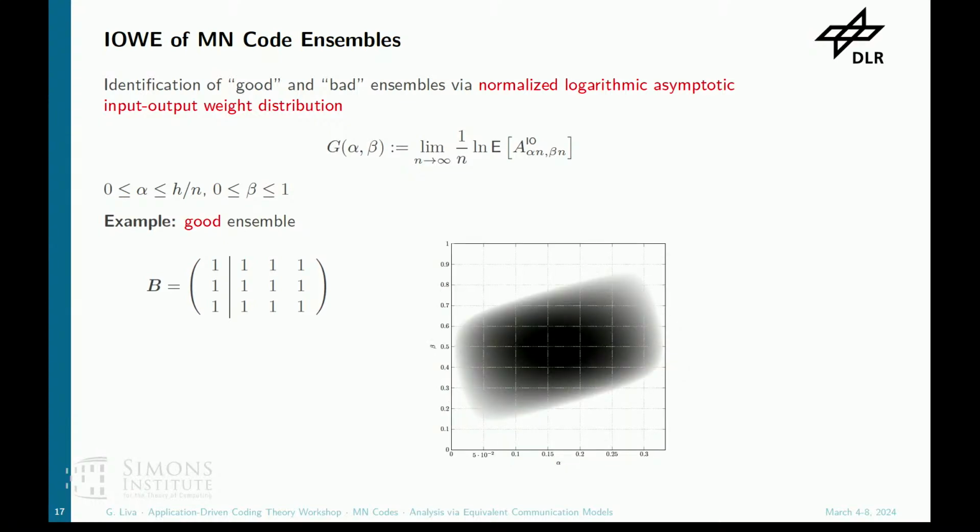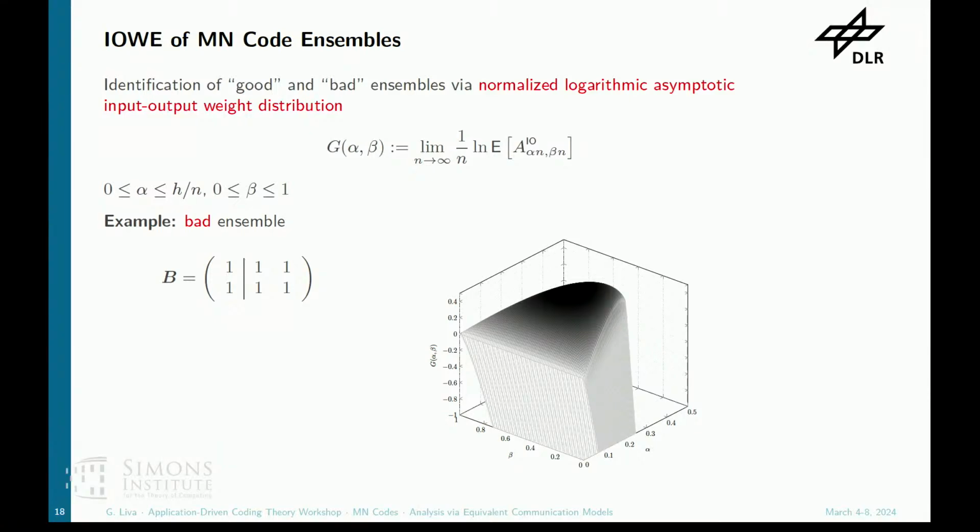In particular, this is the same chart as before, looked at from the top. What is dark means it's above 0. What is white means it's below 0. What is important is that in this corner you are below 0. If you were above 0, you would have an exponentially large number of codewords with small input weight and small output weight from the encoder, and that would make the error floor rise.